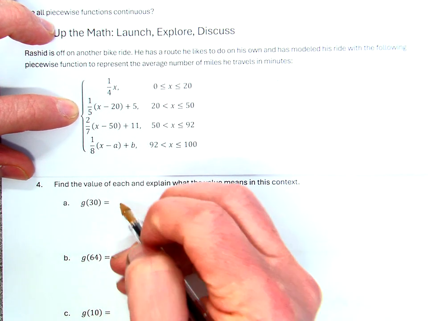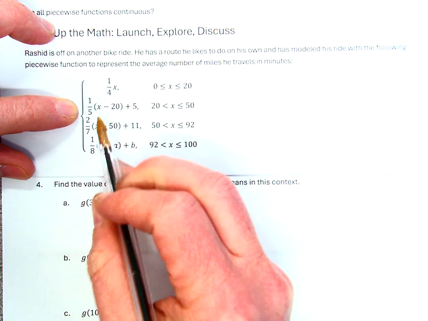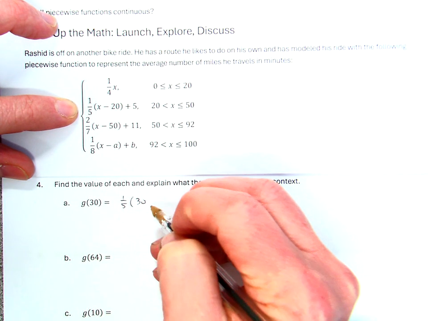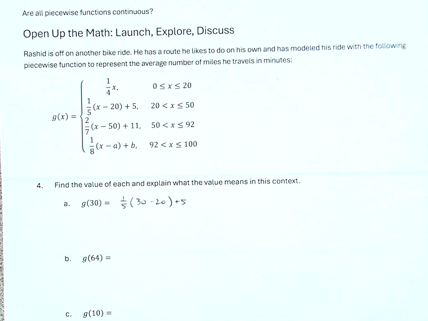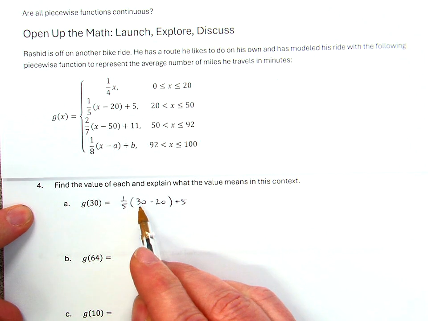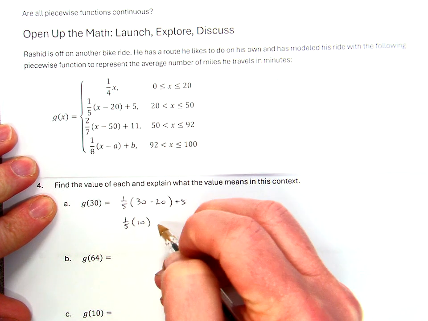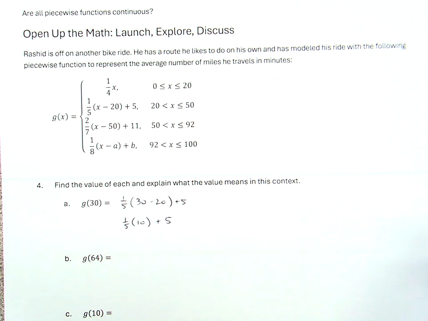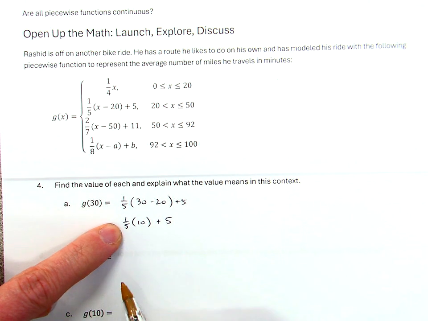So I'm going to take this second subfunction, and wherever I see an x, I'm plugging in 30. Now, we can reduce these down. I'm going to do inside the parentheses, 30 minus 20, which is 10. And then we could say 1/5 times 10.